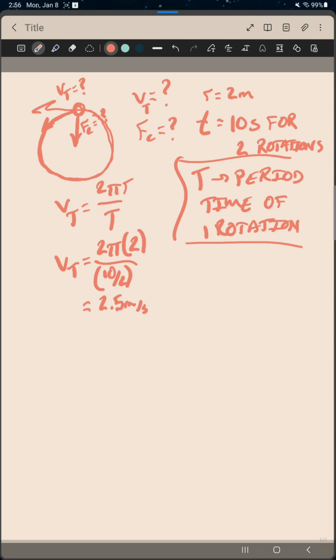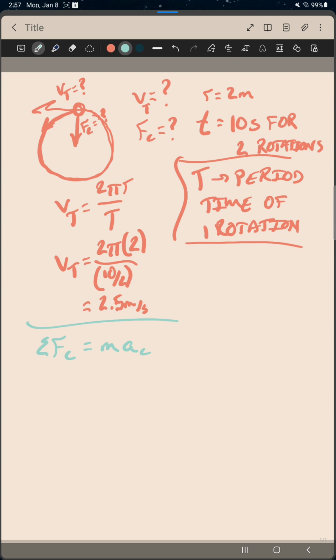Now, how much force are you feeling? For Fc, we're really going to look at the sum of all the forces, which gives us Fc equals m ac. It's the same force equation, force equals mass times acceleration, but specifically for centripetal motion, so we subscript it with c's.